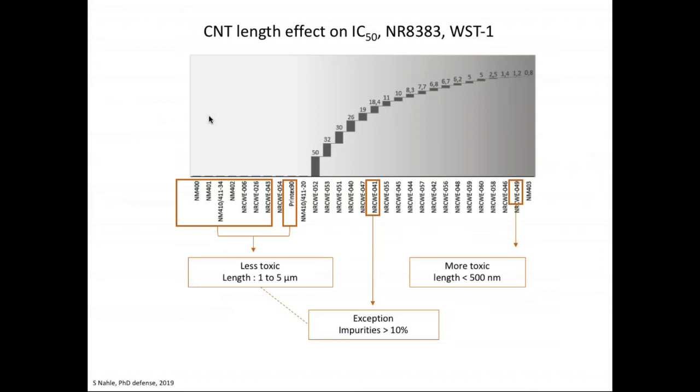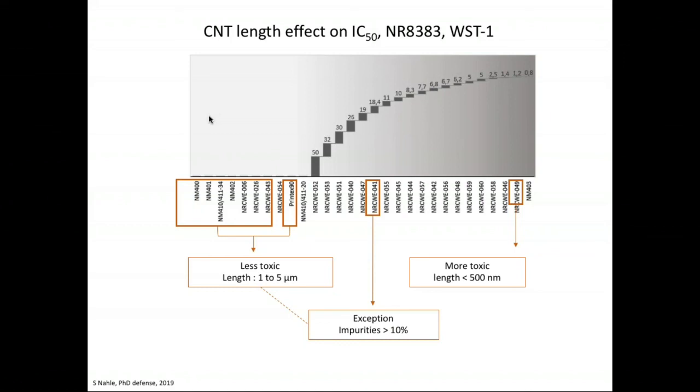I will finish with a return to the cytotoxicity data, because this cytotoxicity data can also allow some grouping of carbon nanotubes and express some differences according to the functionalization or their redox status.